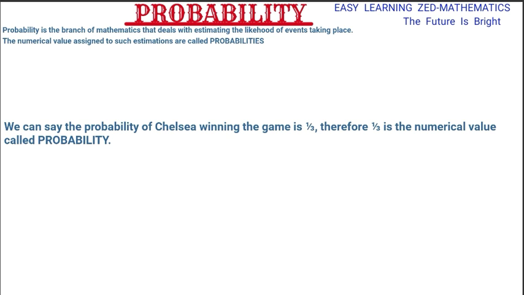But if we add Chelsea drawing, which is 1 over 3, now we have got two probabilities, then you can call it probabilities. So probability is singular, probabilities is plural.